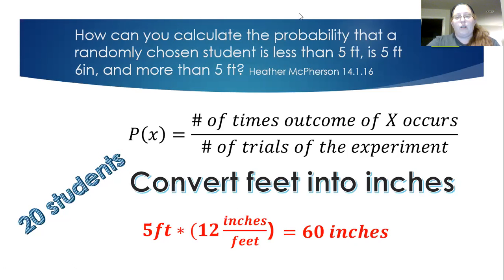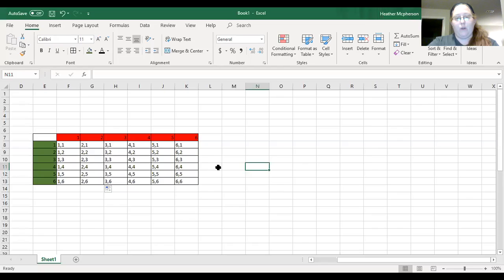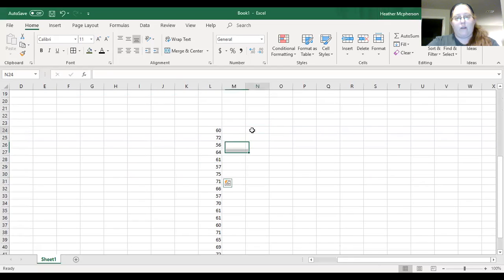And we are going to actually go back to Excel, and I'm going to show you the table. Here I've already plugged in all of the inches that were given in the question. And what we want to do is convert this into feet.